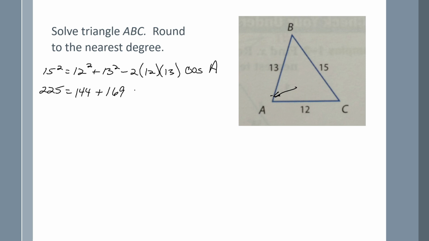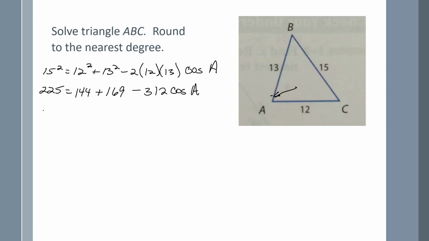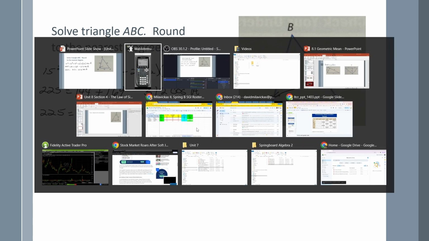So minus 312 times the cosine of A. So 144 plus 169 is 313. So 225 equals 313 minus 312 cosine of A. Right?